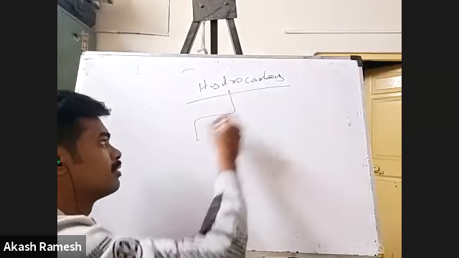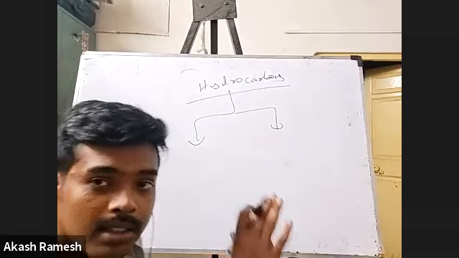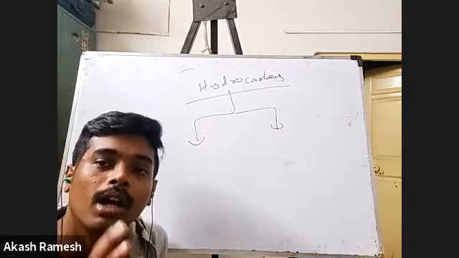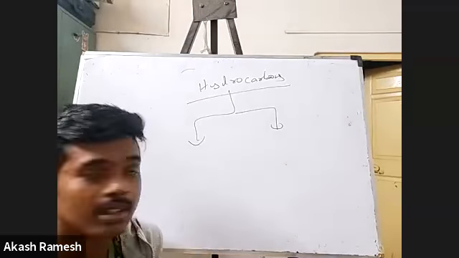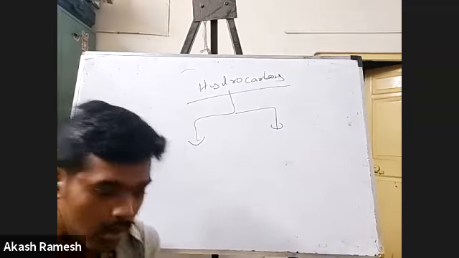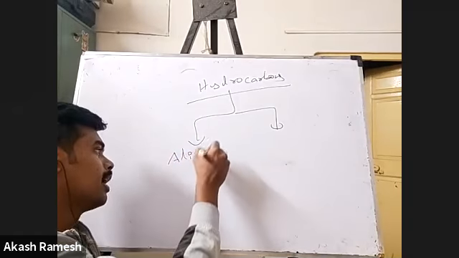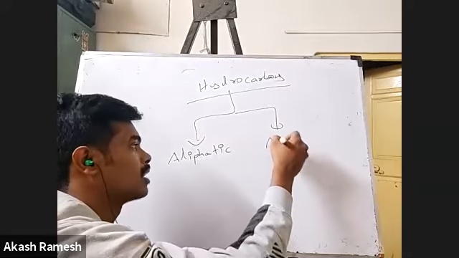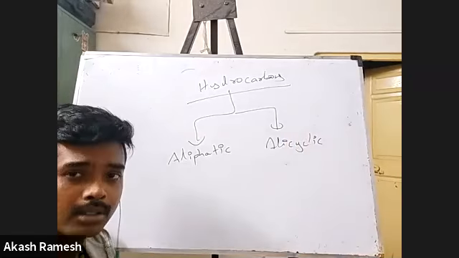Hydrocarbons can be classified into two basic types. Hydrocarbons means I am going to study organic molecules which have only hydrogen and carbon. That's what the name says. These can be classified into aliphatic hydrocarbons and alicyclic hydrocarbons.